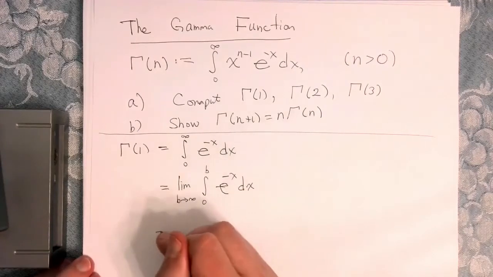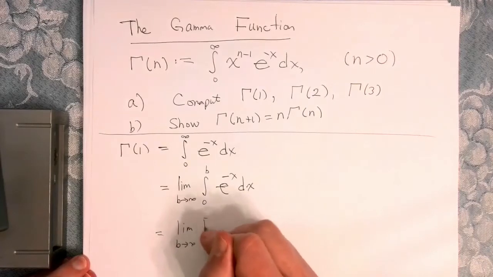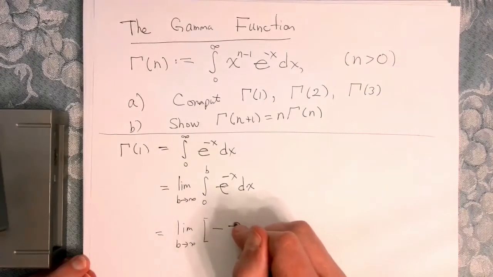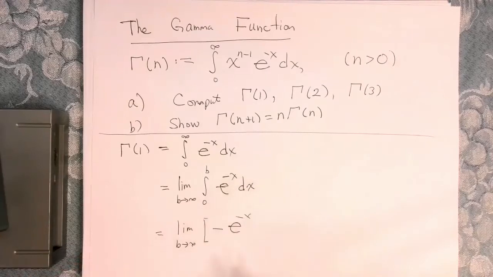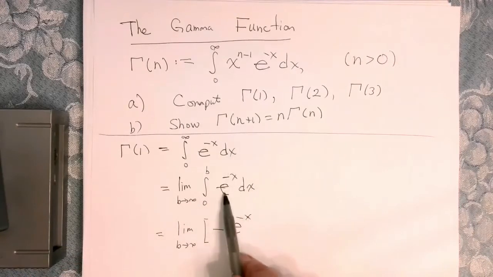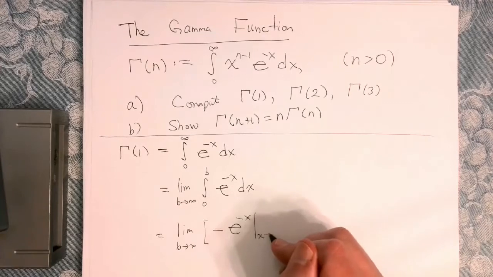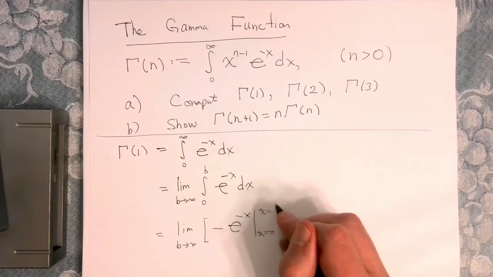Okay, so we're going to take the antiderivative of e to the minus x, which of course gives us minus e to the minus x. You can check that. If you take the derivative carefully using the chain rule, you will land back here. So this is indeed the antiderivative of e to the minus x. And we're going to evaluate from x equals 0 to x equals b.